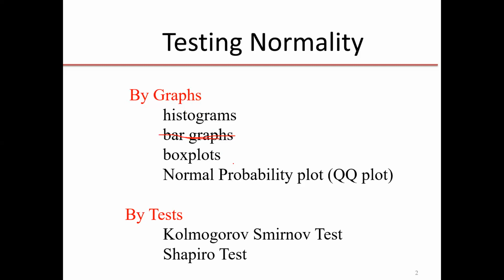How to interpret the box plot in the output, and how to use these graphs for assessing the normality of the data. Then two tests will be explained in SPSS. One of them is Kolmogorov-Smirnov test, and the other test is the Shapiro test.